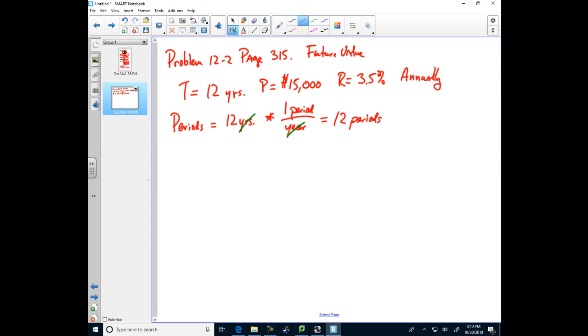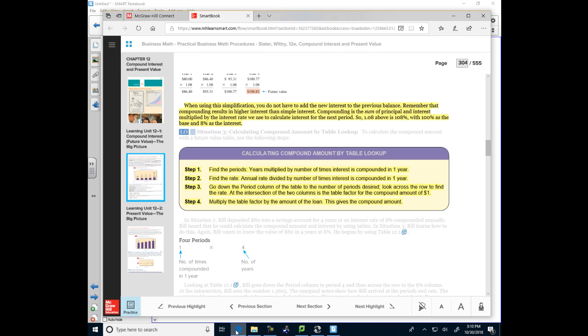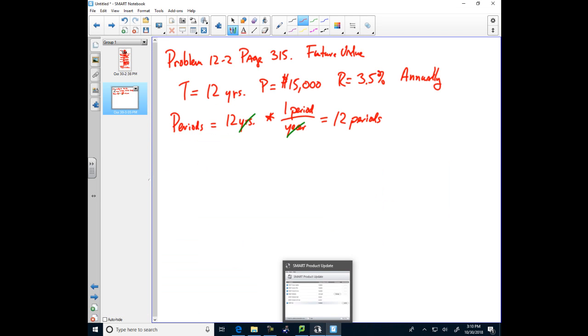Now, what's the next thing it says to do? Step 2, find the rate. The annual rate divided by the number of times the interest is compounded in a year. So let's do that. So this is step 1. This is step 2, you want to know the rate per, what you're really doing is the rate per period.